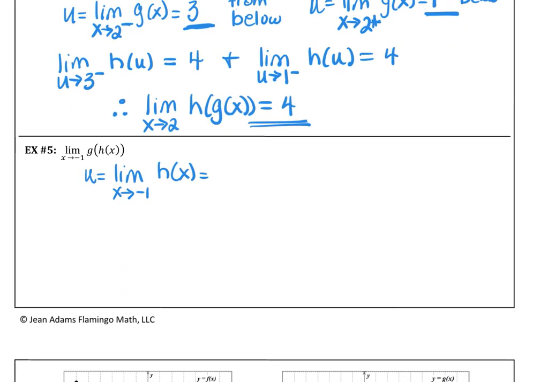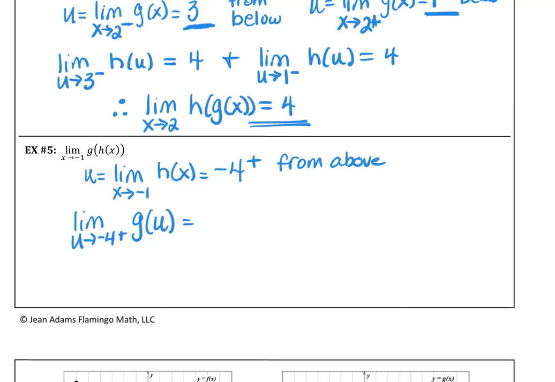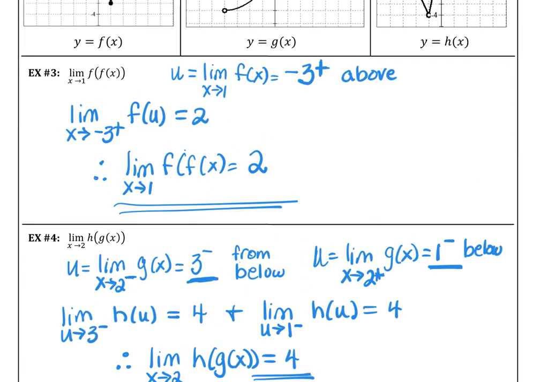So we're approaching -4 from above, and that's going to indicate the notation of the right in our composition. So the limit as u approaches -4 from above on the g function evaluated at u, back to the picture for g of x.